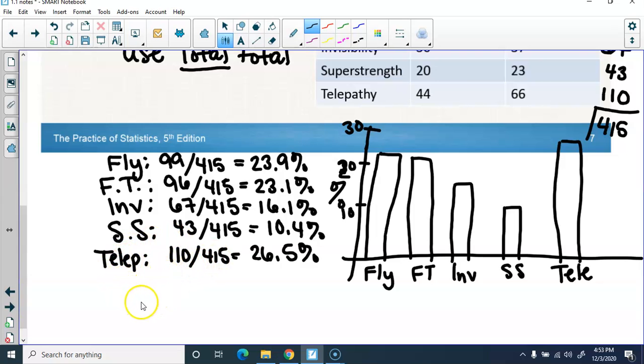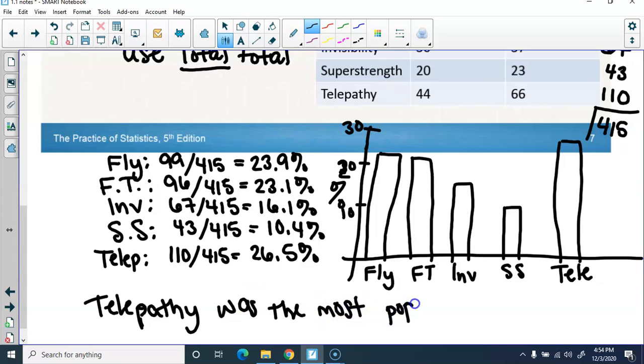It looks like telepathy is preferred. Telepathy was the most popular. Super strength was the least popular.